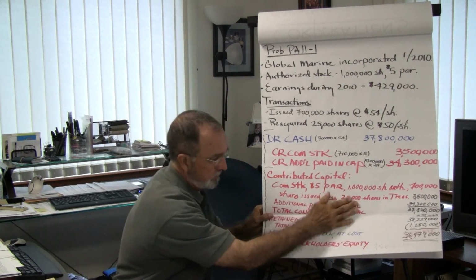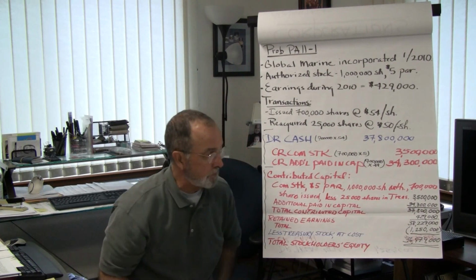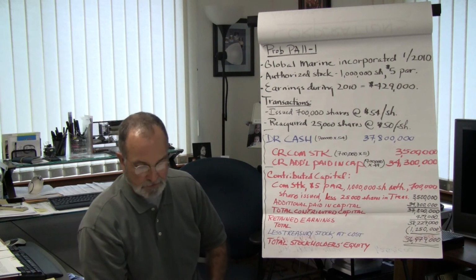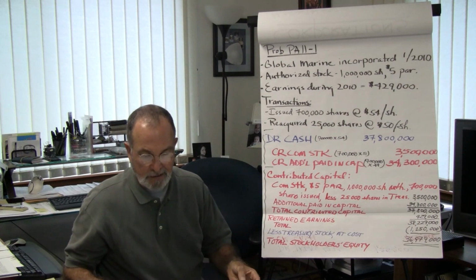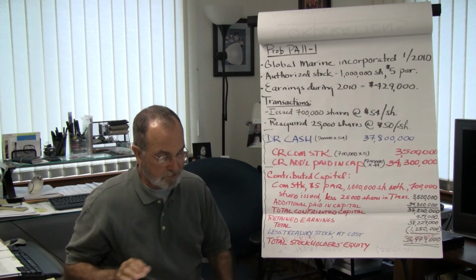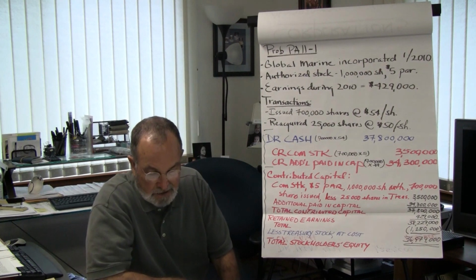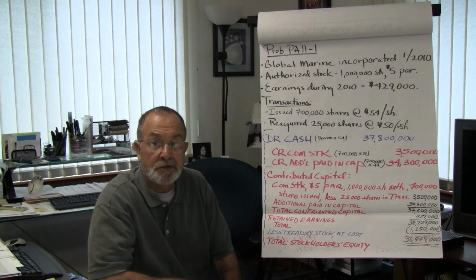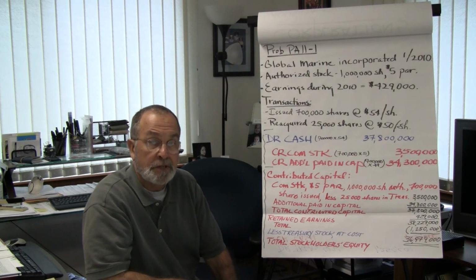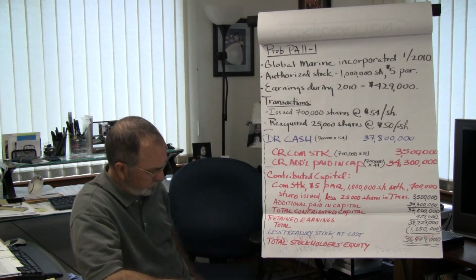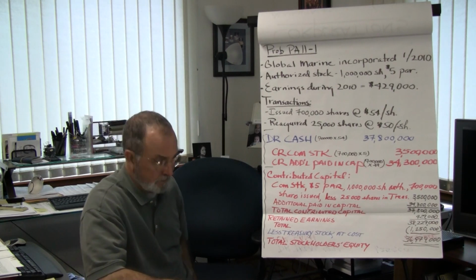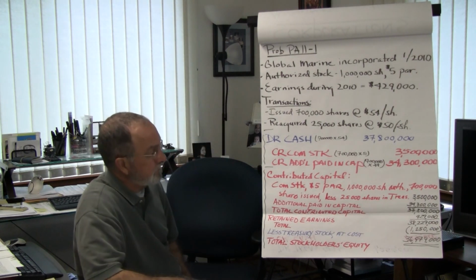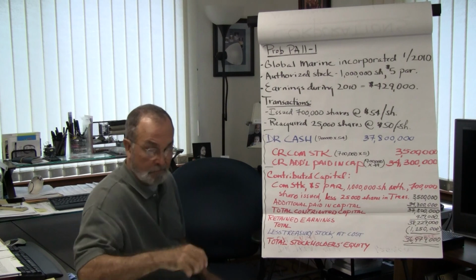Now, we can go to the third requirement, and it is asking us to prepare the stockholders' equity section of the balance sheet as of December 31, 2010. And so this is just the equity section of the balance sheet.